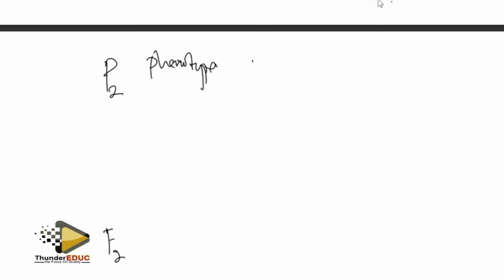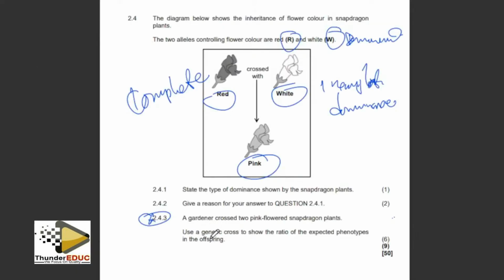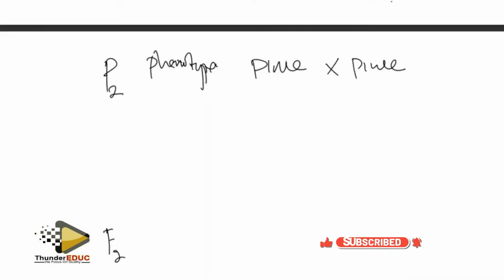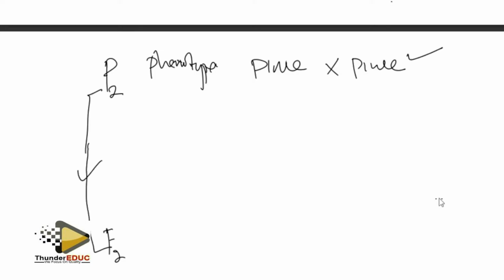So now there you talk about the phenotype, which is pink. I told you that this is obtained from the question. Check what they are saying: a gardener crossed two pink flowered snapdragon plants. It is always obtained from there. So I've got a tick here, a tick there, and also a tick there. So now 2 marks.